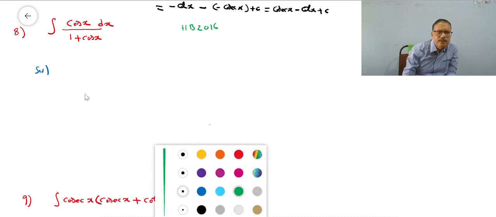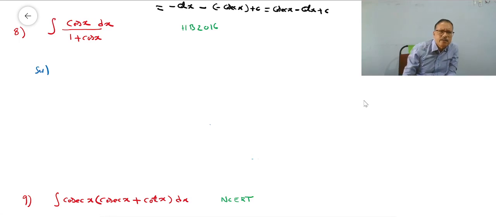So next one, integral of cos x by 1 plus cos x dx.